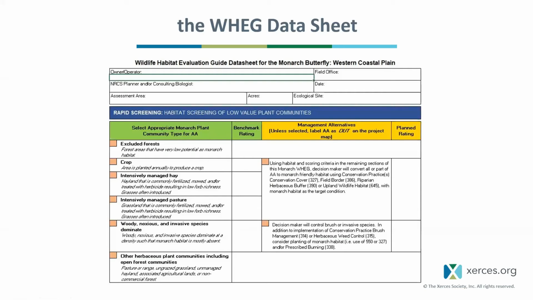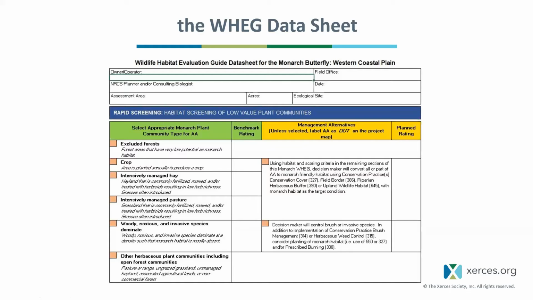Here is the front page of the WHEG data sheet. It's an Excel file, actually consists of multiple pages, and the NRCS Monarch planner, or anybody who's using this document, would take this out into the field with them, take a printout with them, and fill it in, and then come back and do some calculations and determine whether or not the habitat is poor or fair.